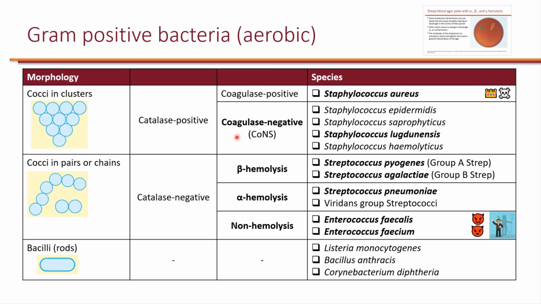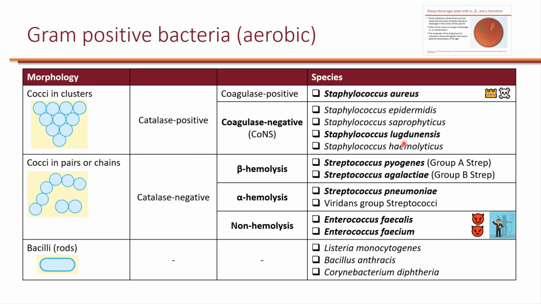And if they say the coagulase is negative, you have several options, and together all of these are referred to as coagulase negative staph, or coagulase negative staphylococcus. There are several species that are coag negative, and I have listed four that are more common.